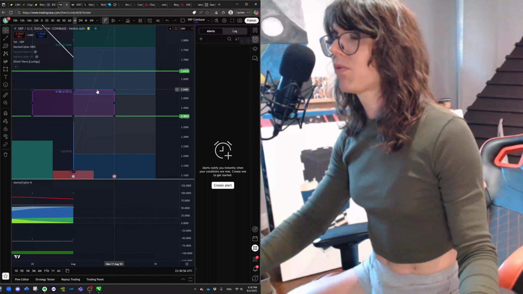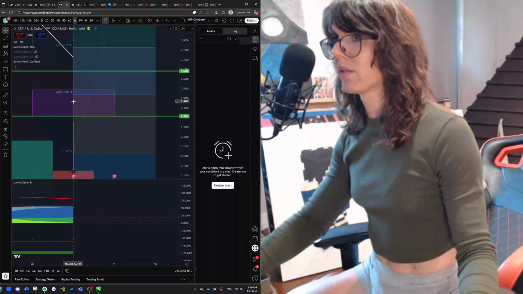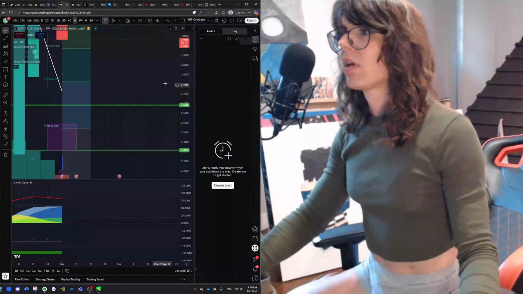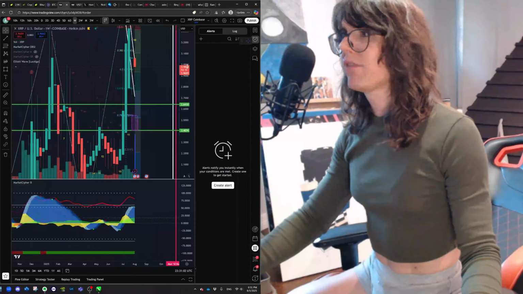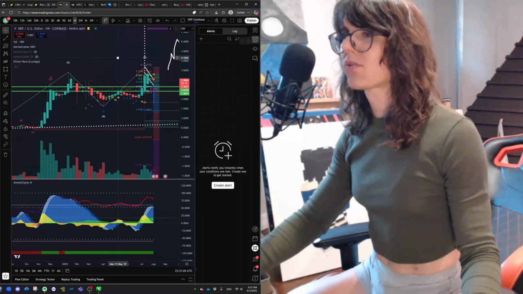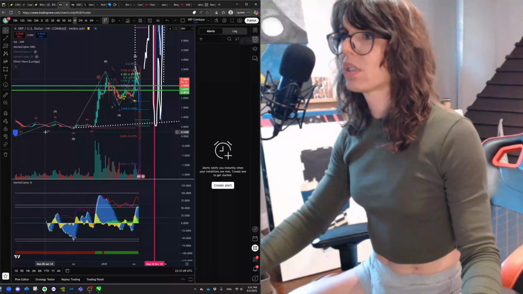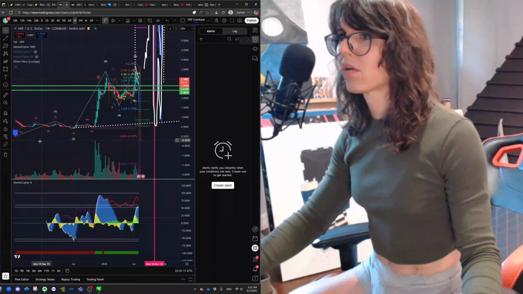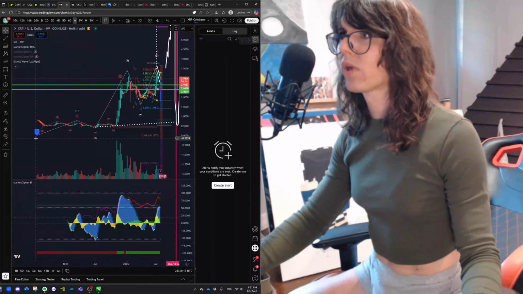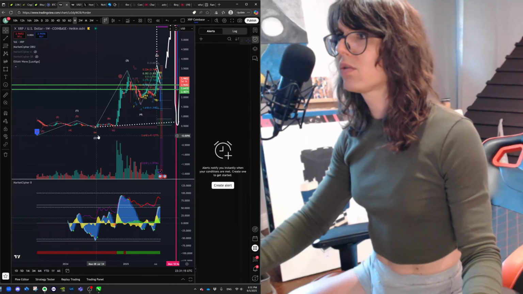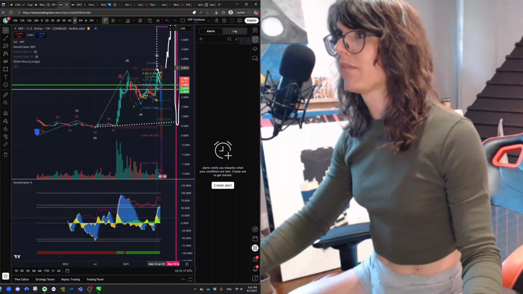So 254, this is our target right here, this purple box. And I did a fib retracement on this run right here, which is right here. 1, 2, 3, 4, 5.